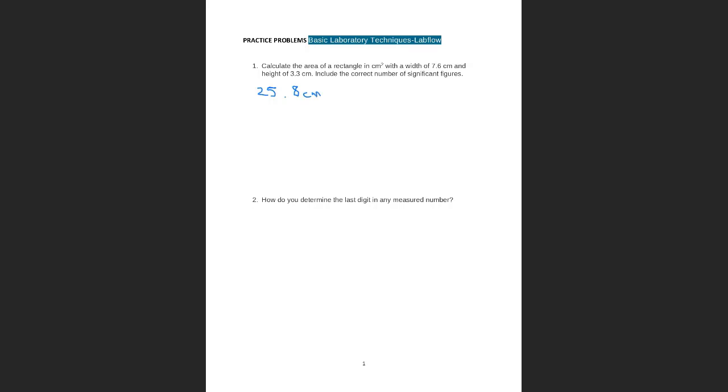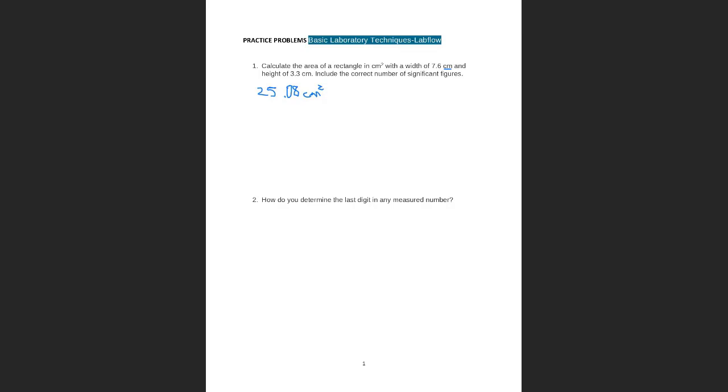I'm sorry, 0.08. Okay, now it makes sense. Awesome. Okay, so what are the units? Centimeters. Because you are multiplying centimeters. Square. Exactly. Awesome. Square.